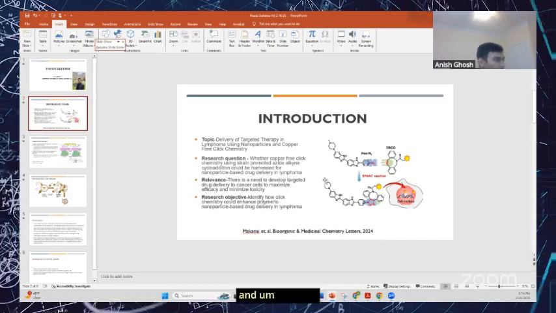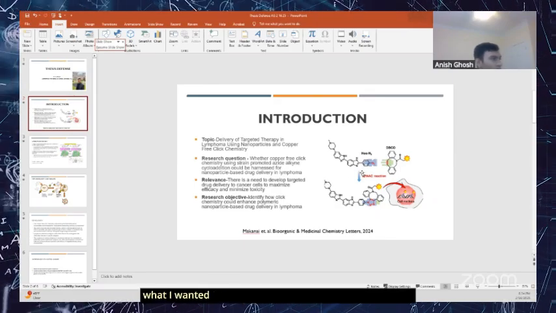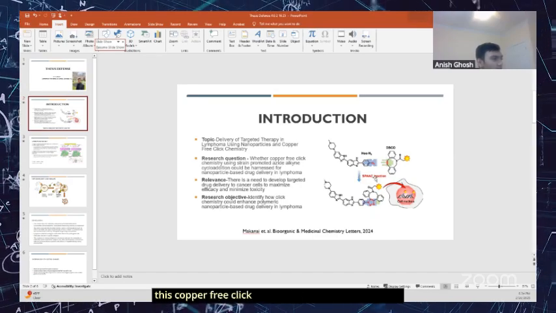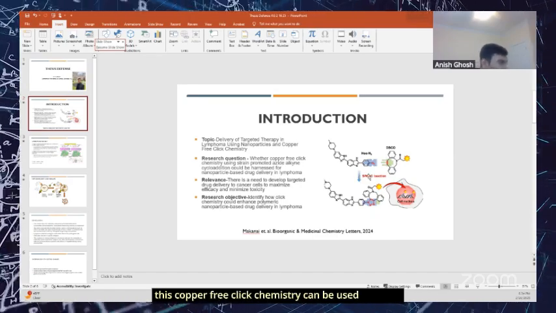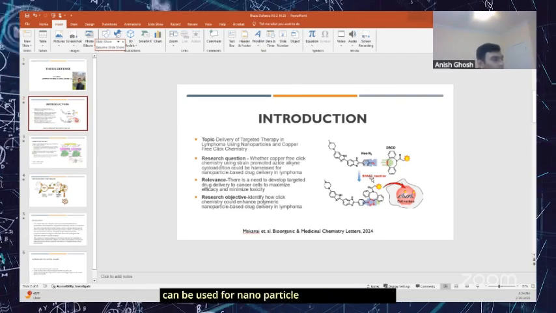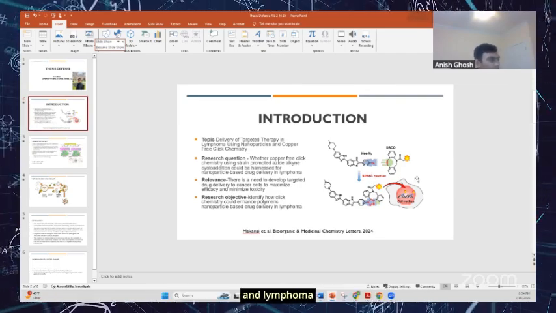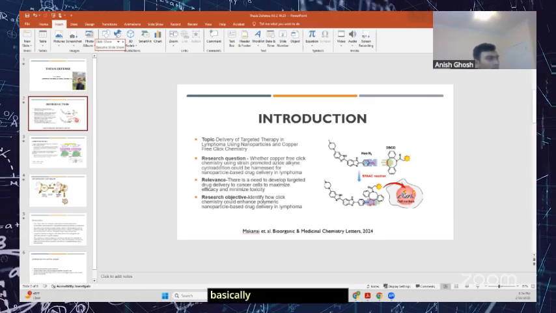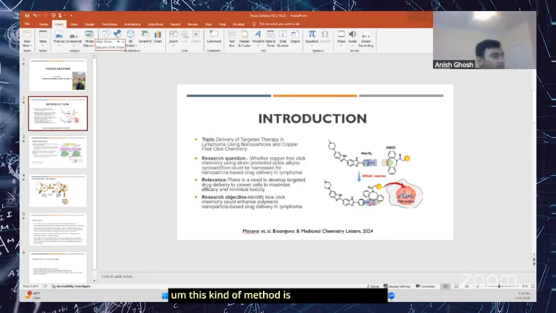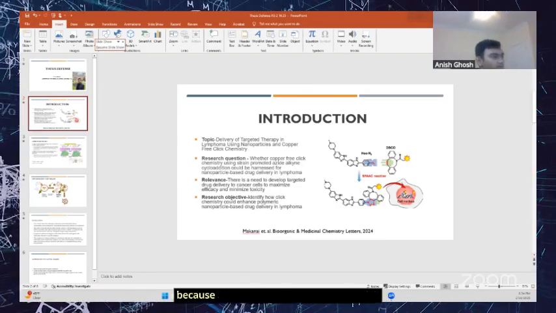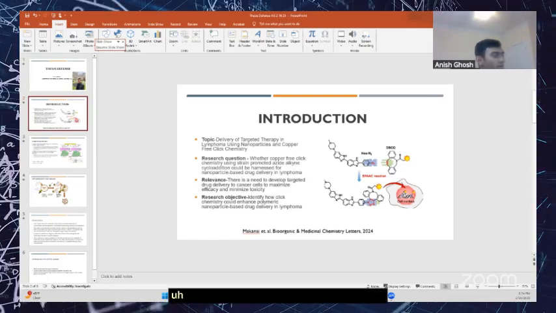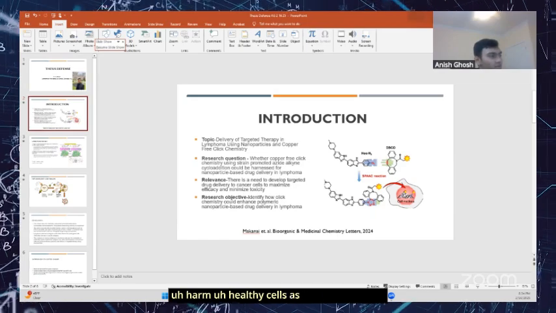What I wanted to research was whether this copper-free click chemistry can be used for nanoparticle-based drug delivery in lymphoma. The need for finding this kind of method is to minimize toxicity, because current treatment methods such as chemotherapy harm healthy cells as well.